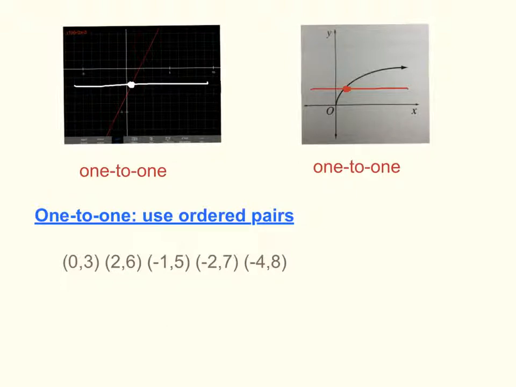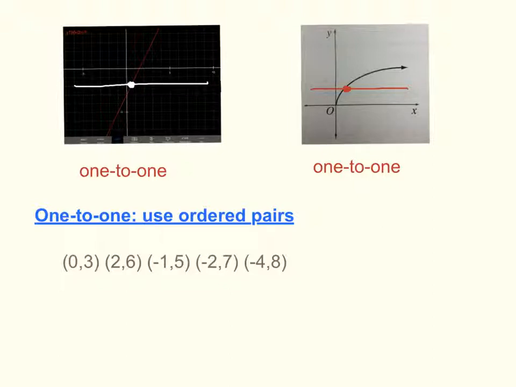Another way to determine whether a function is one-to-one is to look at its ordered pairs. This first example, the ordered pairs (0, 3), (2, 6), (-1, 5), (-2, 7), (-4, 8). We can determine whether that's one-to-one simply by looking at the y values.